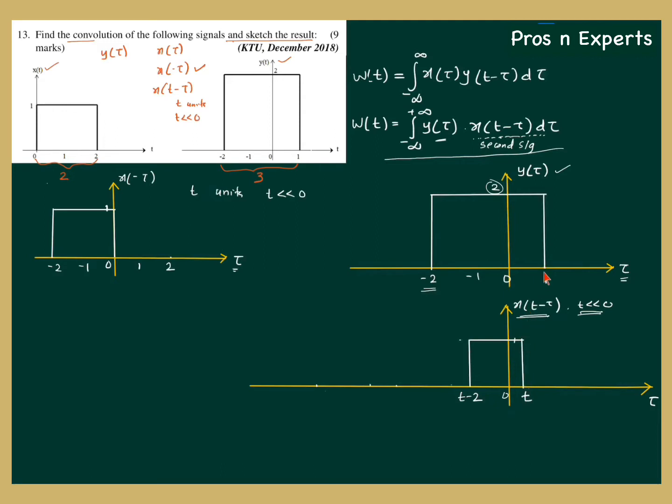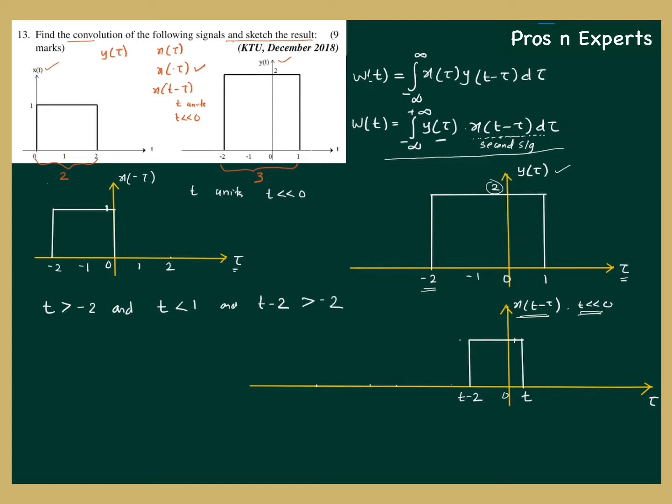Then only we can say that x of t minus tau is completely inside y of tau. So to repeat, the leading edge is greater than minus 2, the leading edge is less than 1, and the trailing edge is greater than minus 2.